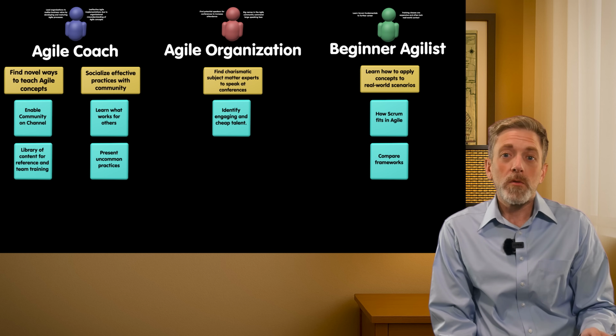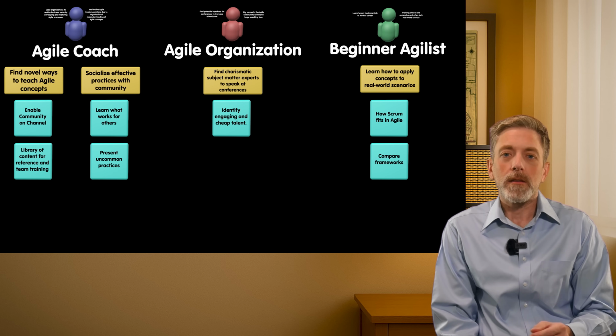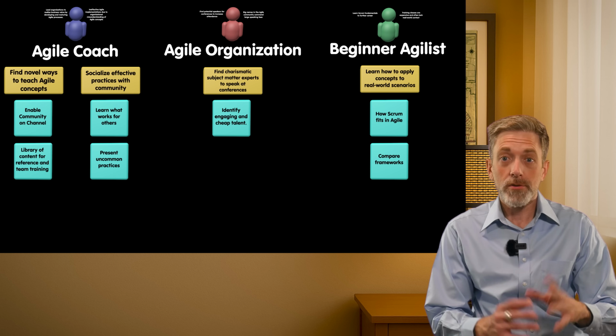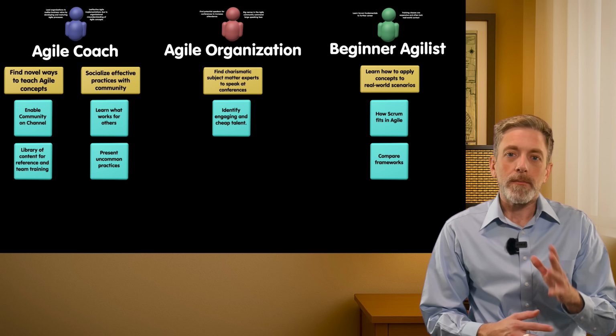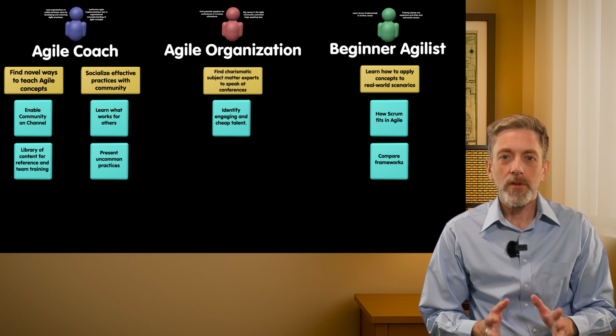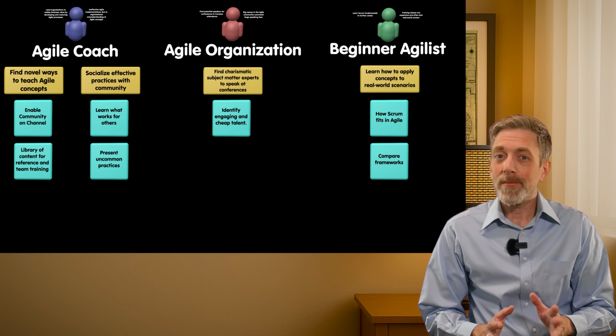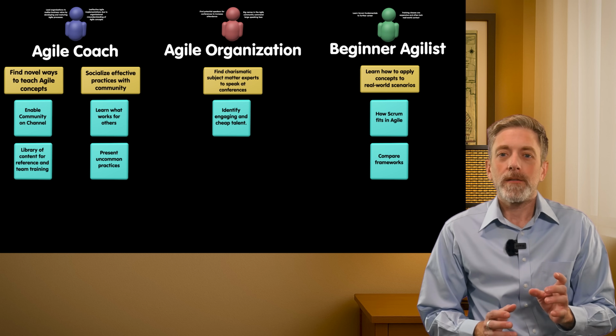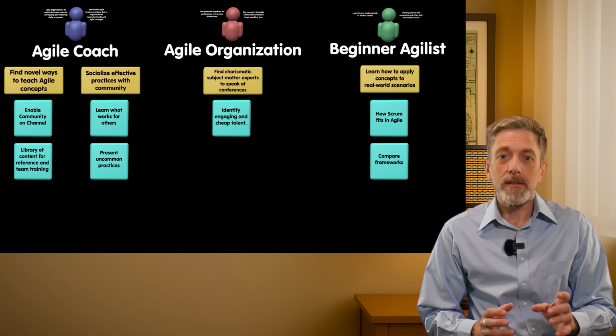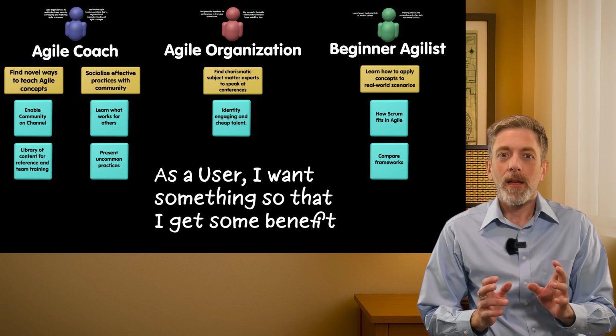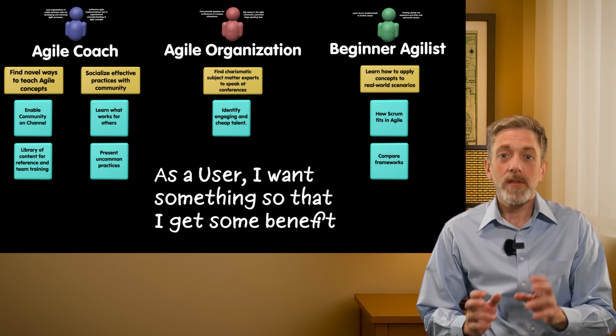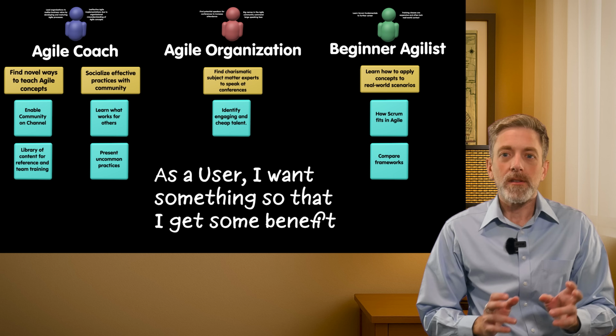When we eventually move these into a product backlog, we lose this tree view and the alignment. And that's why you hear so many Scrum Masters and coaches say to format user stories like so. As a user, I want something so that I get some benefit.